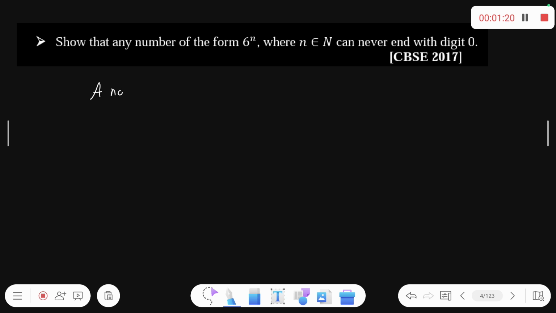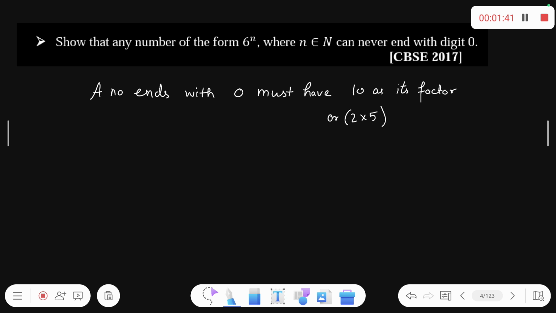A number that ends with 0 must have 10 as its factor, or 2 cross 5. But 6 to power n is 2 cross 3 power n.